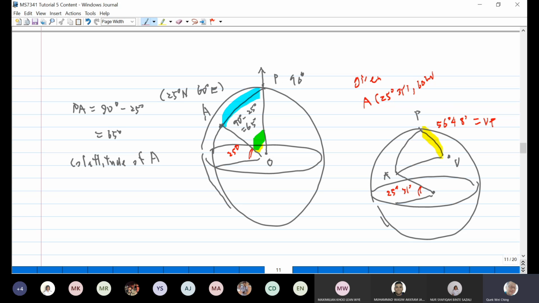So what does that mean? The North Pole is 90 degrees, right? So you have to subtract from 90 degrees. Where is the location of V now? So the latitude of V.